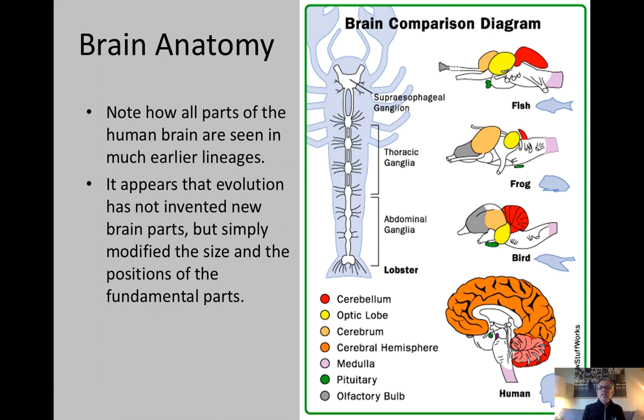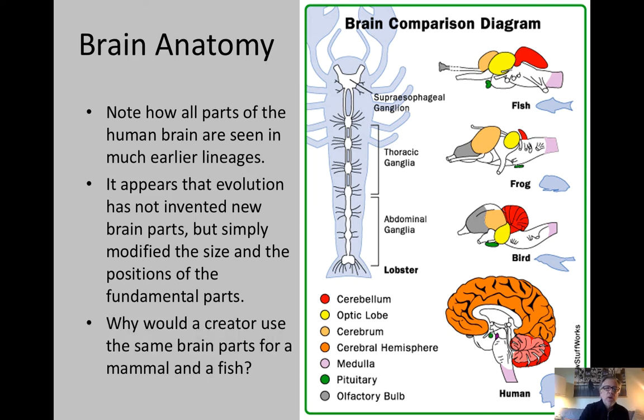It appears that the evolution of the brain in humans has occurred not by inventing new brain parts, but simply modifying the size and position of the fundamental parts that were laid down hundreds of millions of years ago. Why would a creator use the same brain parts for a mammal and a fish? Makes no sense. But it makes sense that evolution would tinker with the parts that are already there and slowly change them over.